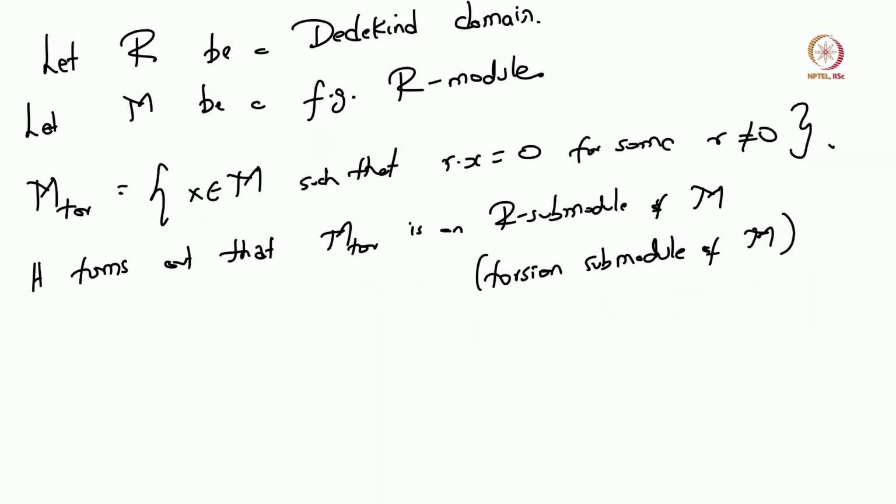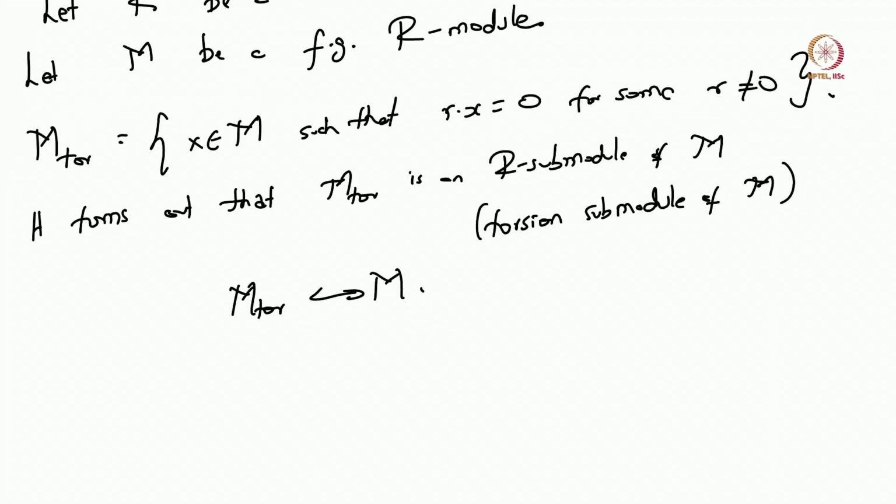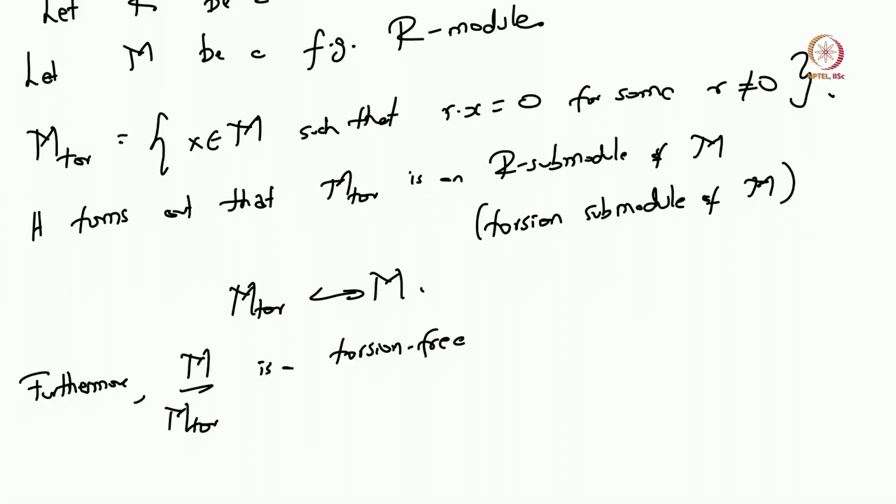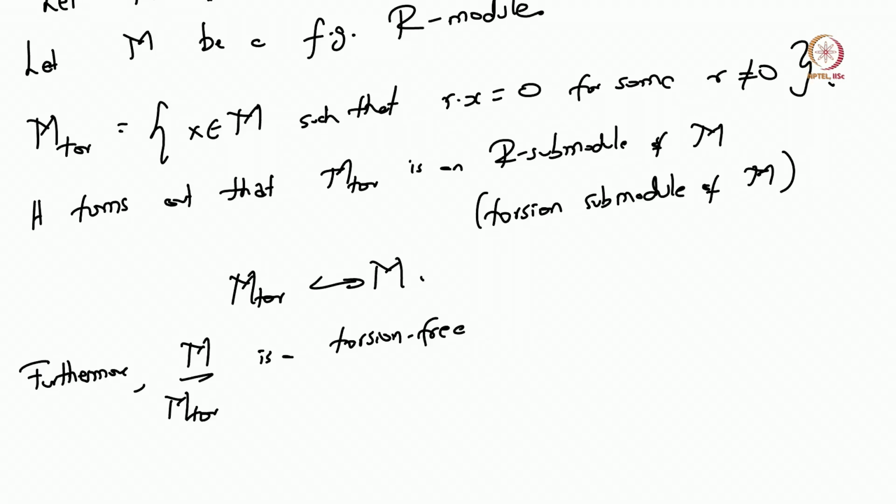So we have this inclusion of M tor inside M. Furthermore, if you take the quotient M over M tor, this turns out to be torsion free. If we take the quotient, it has no more torsion. The torsion submodule of the quotient is 0. So we say the quotient is a torsion free R-module.